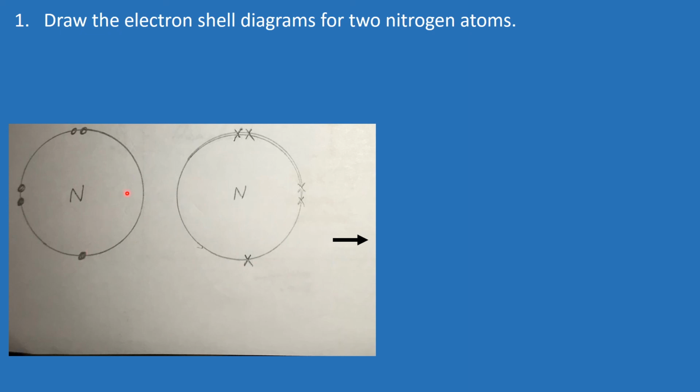Now that means that each nitrogen atom needs to gain 3 electrons to get that magic 8 at the end. So take your atoms, draw them close together so that you get the overlap, and solve that problem. How does each atom gain 3 electrons from the other one? How are they going to share that to get that full outer shell?